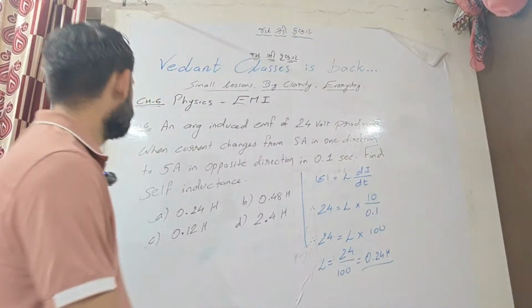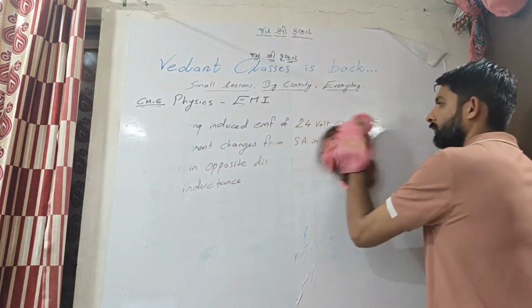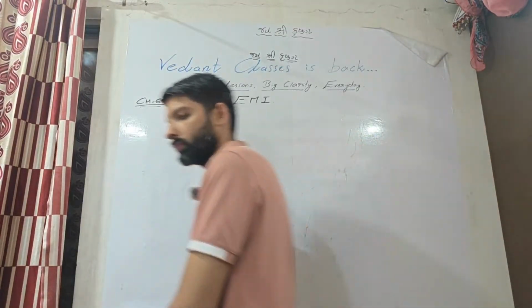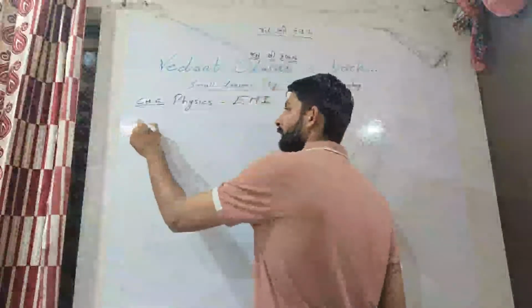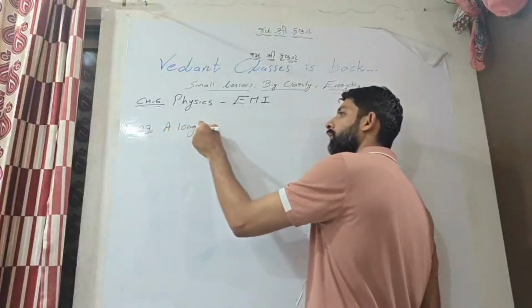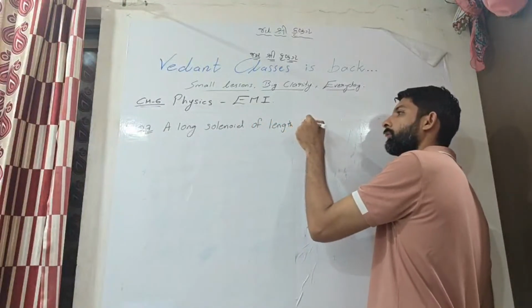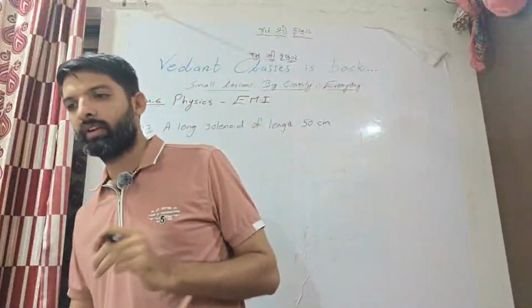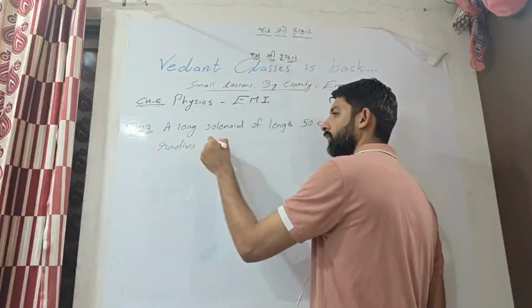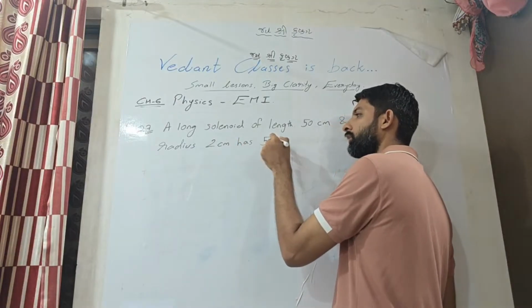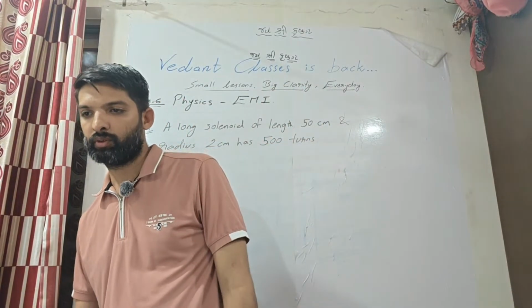Let's solve the next question. A long solenoid of length 50 centimeter, radius 2 centimeter has 500 turns.